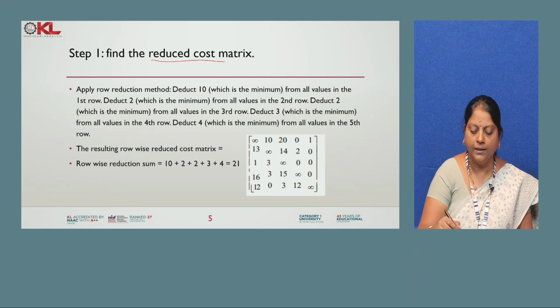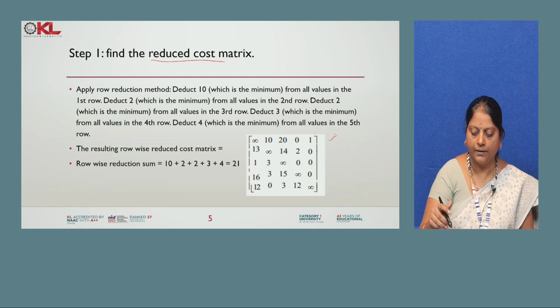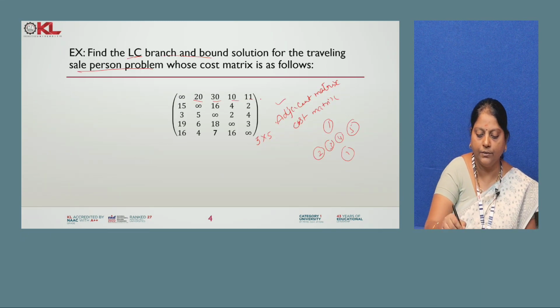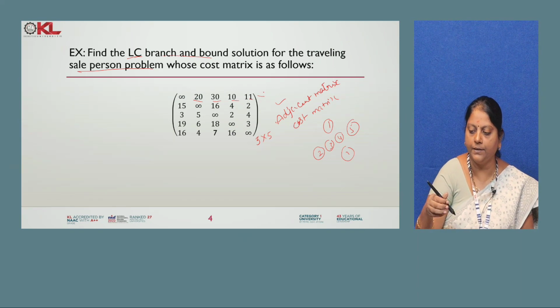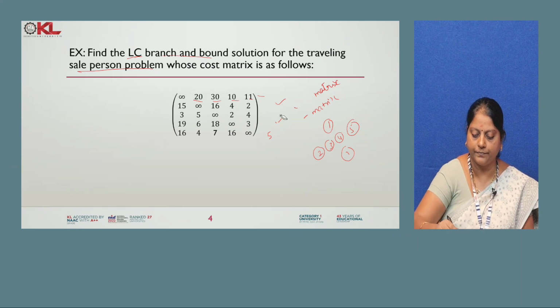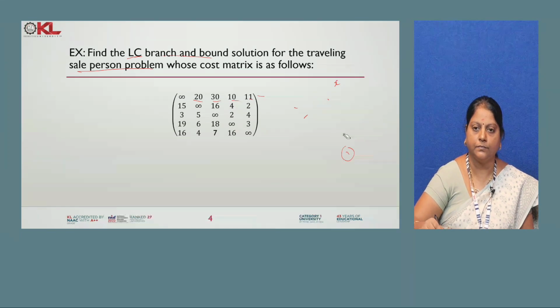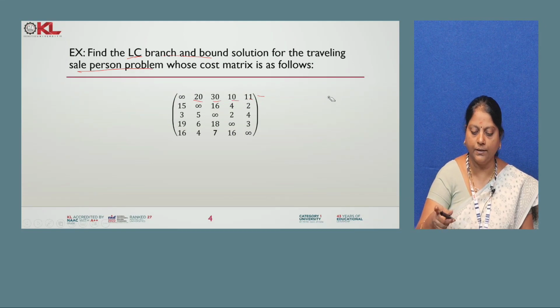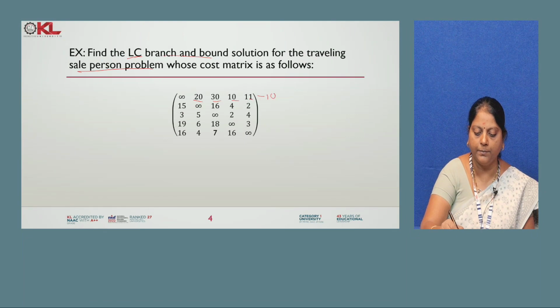This is the reduction matrix. How to apply reduction? We have to find the minimum element in each row. Here the minimum element is 10, here 2, here 2, this row 3 and this row 4.